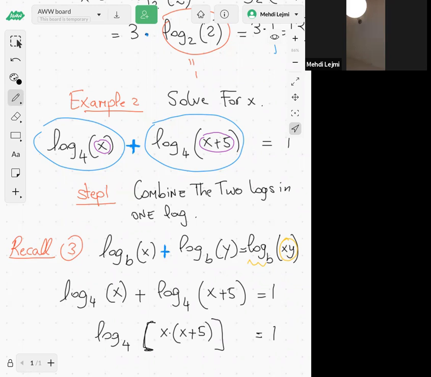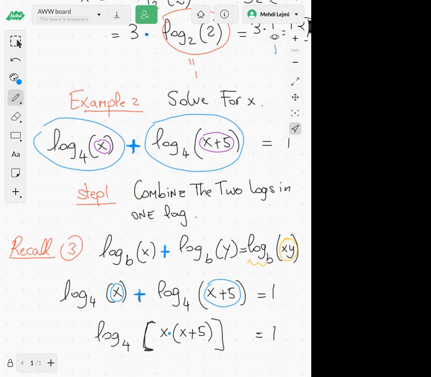So if you have a sum of the two logs, that will be the log of the product. You multiply this x here by this x plus 5. Now I have just one log instead of the sum of two logs.